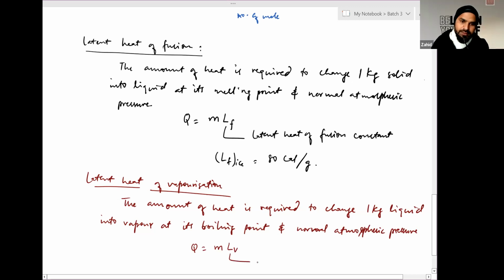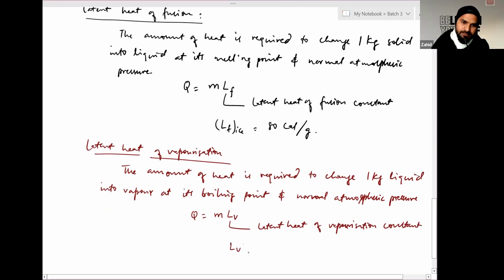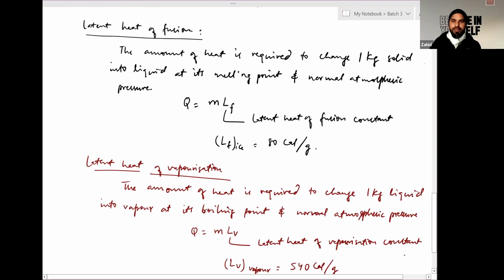This LV is called latent heat of vaporization constant, and for water to vapor, it is equal to 540 calorie per gram. Just remember these values, which will be used directly in different questions.